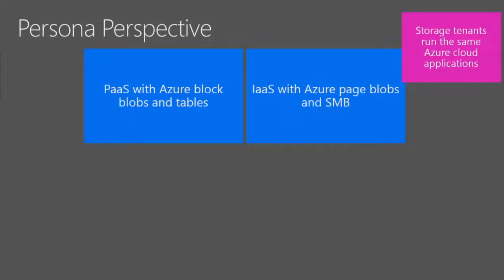We offered two distinct experiences here. One is PaaS with Azure Block Blobs and Tables, and then IaaS with Azure Page Blobs and under the covers internally based on SMB. Together, what that means is storage tenants run the same Azure cloud applications on-prem in that cloud because it's the same APIs and everything works without any changes.